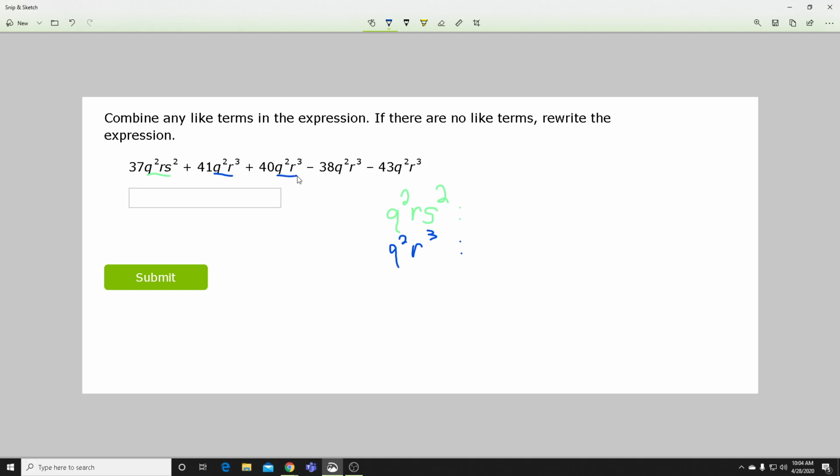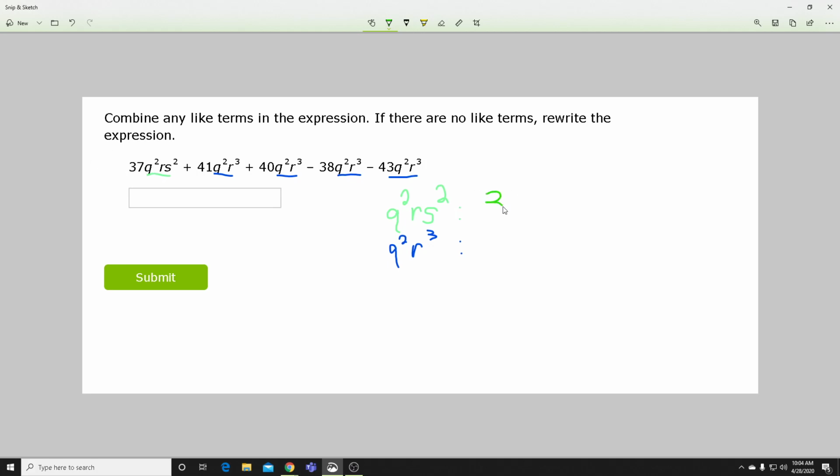Looks like we got another one. And then we have q squared r cubed again, so it's the same thing here. Same thing here. So you see, it looks like a big mess, but really there's just two terms we're working with. Okay, so this first one, there's nothing to combine this with.